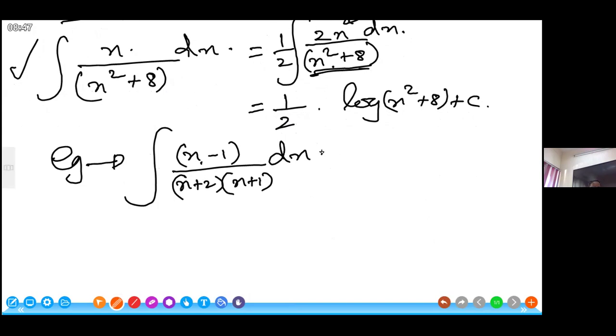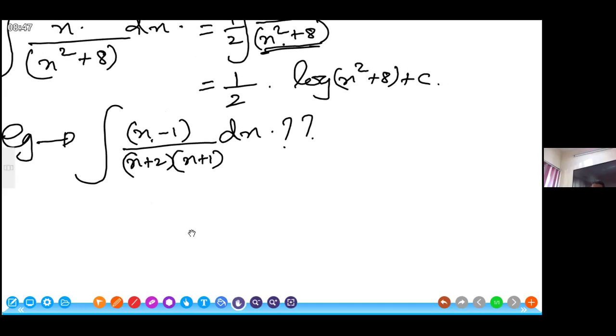This is also a rational function which we cannot directly solve using earlier techniques. Now, what is the technique available for this?